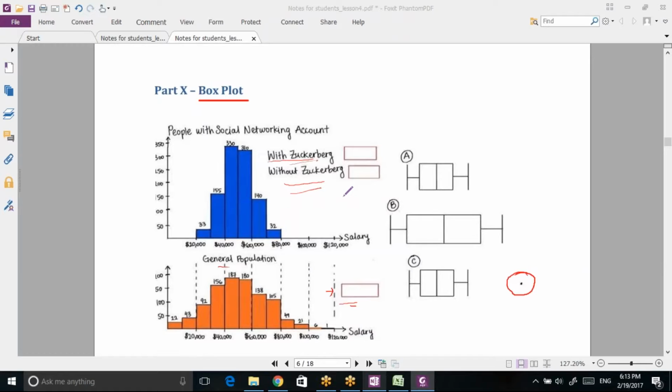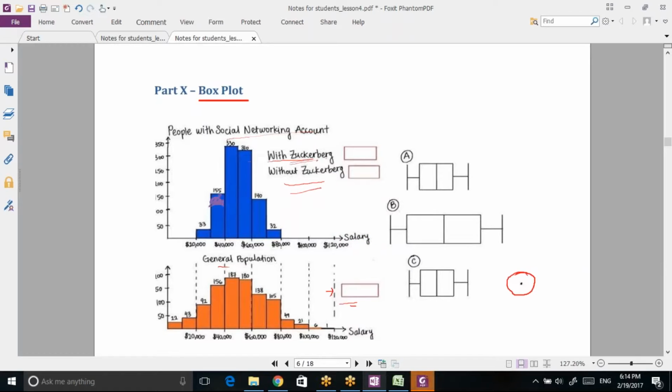Okay, fine. But you understood box plot? Yeah, I understood that. But what is the exact question? Okay, so basically we have drawn three box plots here. One is for general population. One is for people with social networking account, including the salary of Zuckerberg, that was $10 million.